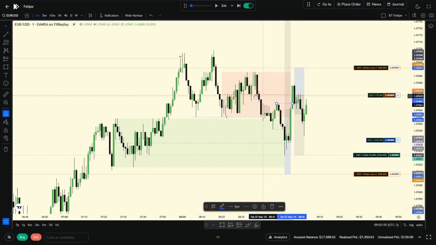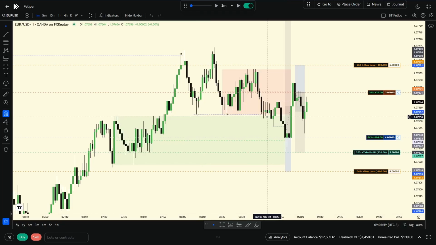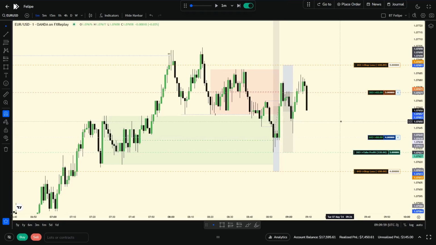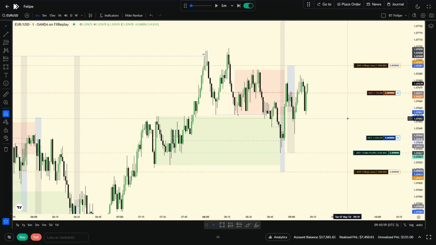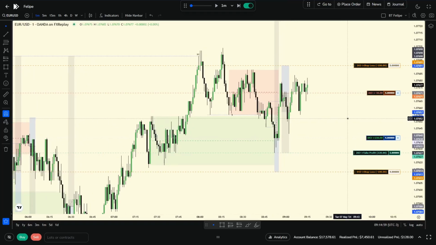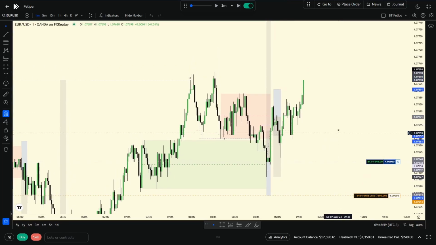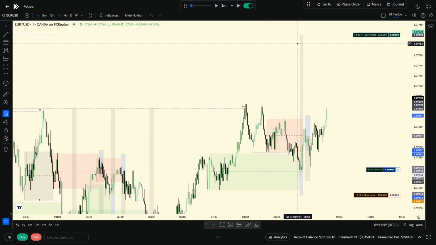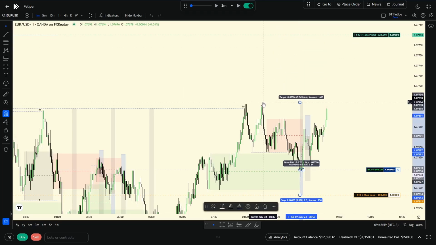This was the manipulation for the short. And M5 taken, entry at the candle. Let's see. Okay, broke up. This would be the correct targets.